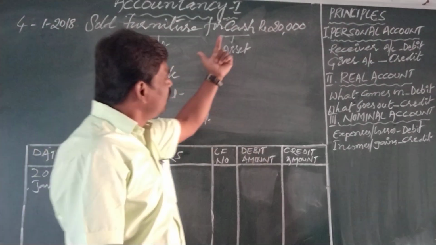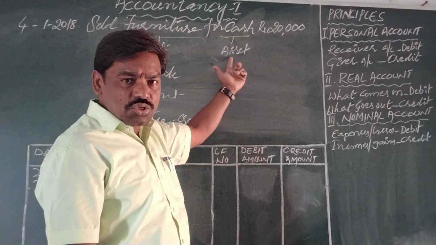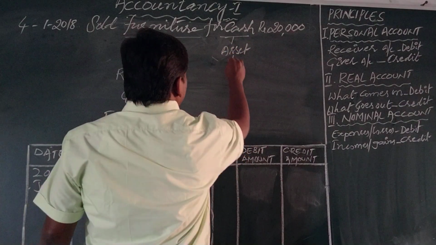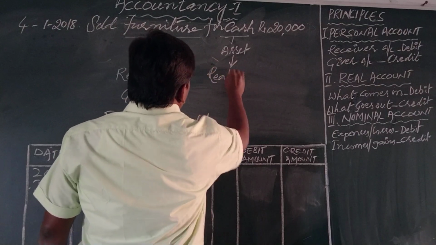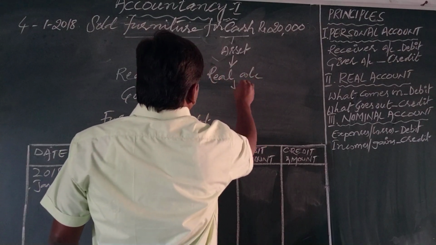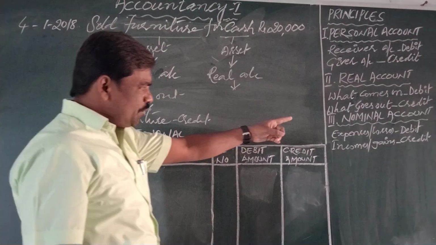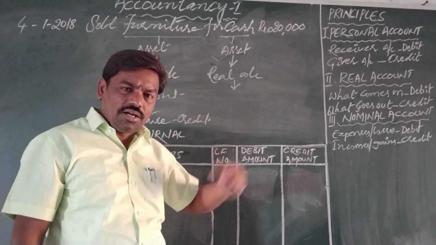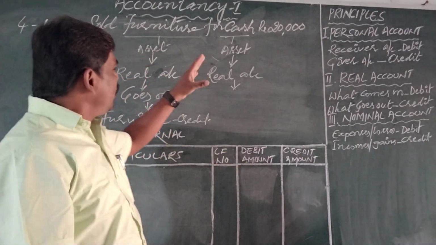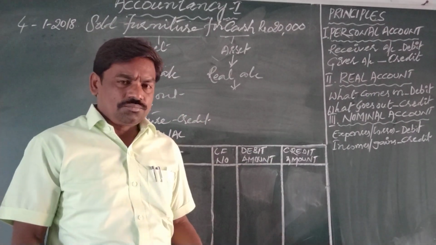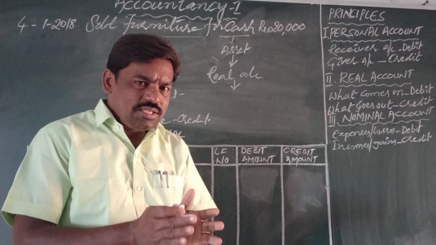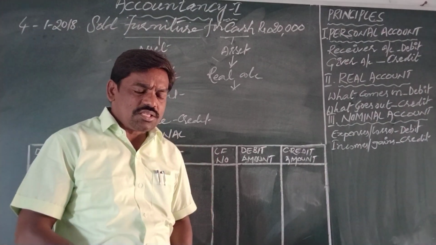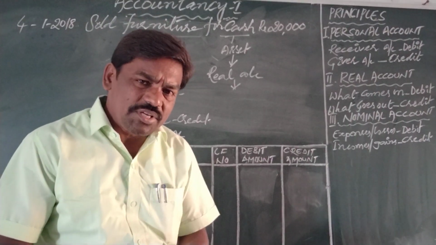Come to the next one. Cash. Cash is also an asset. Asset comes under a real account. So what does the real account principle say? Just before I said, debit what comes in, credit what goes out. Whenever you sell the furniture, is the cash coming into the business or going out of the business?